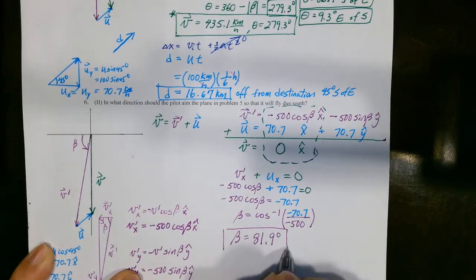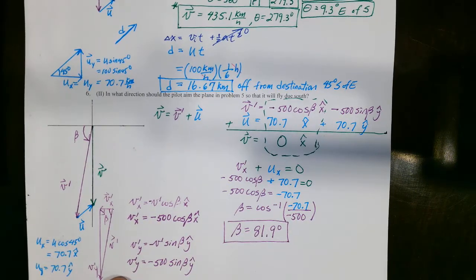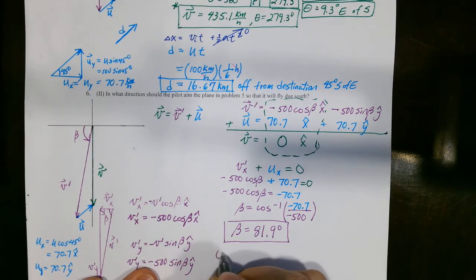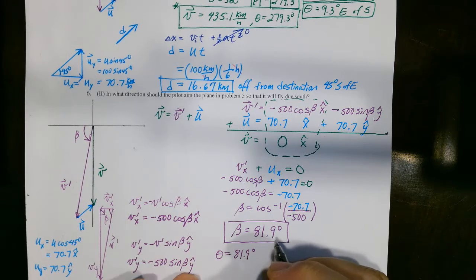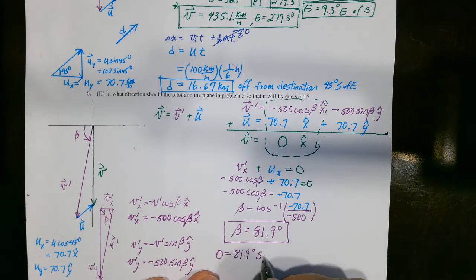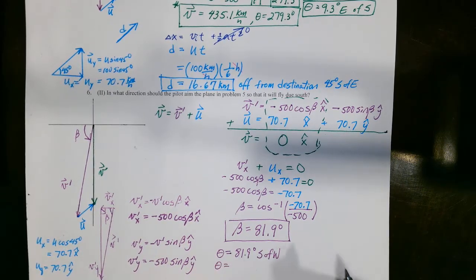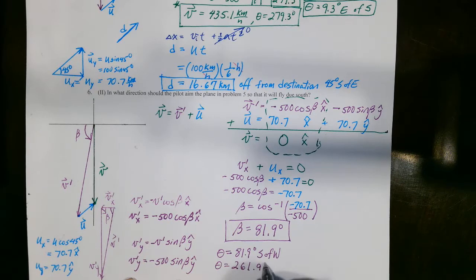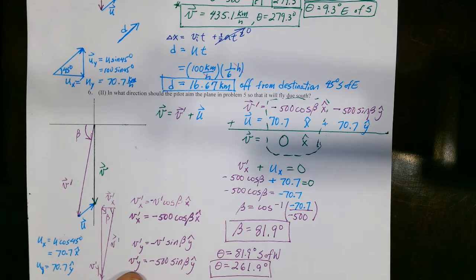So, in order to fly straight down south, the pilot should aim theta as 81.9 degrees south of west. Or theta can also be calculated as 180 plus this, like 261.9 degrees, which is also the same.